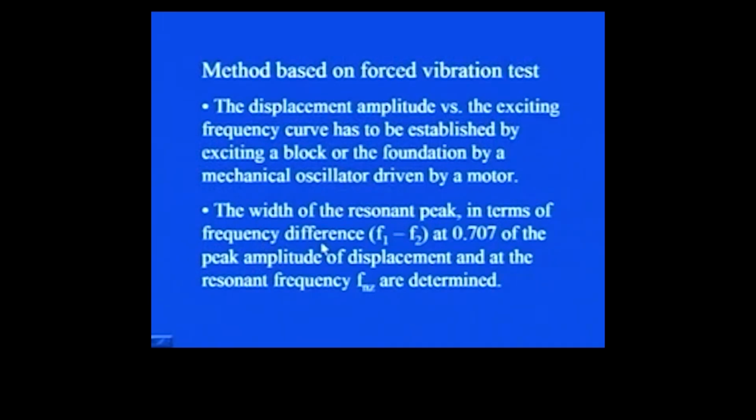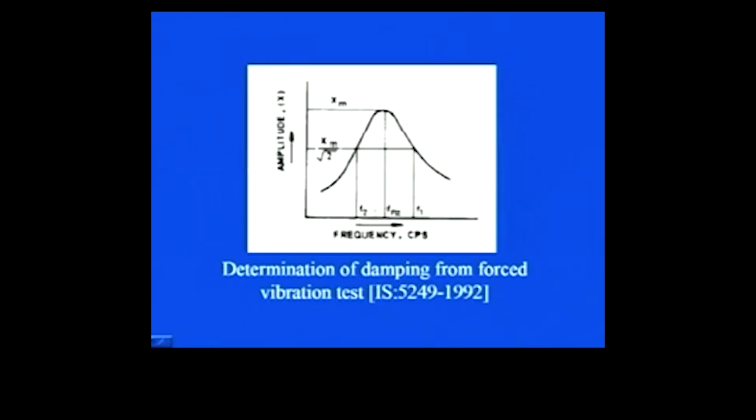The width of the resonant peak in terms of frequency difference, say f1 minus f2 at 0.707 of the peak amplitude of displacement, and the resonant frequency f and z are determined. This is clearer in this particular figure, where this is the curve you will get using the forced vibration test.